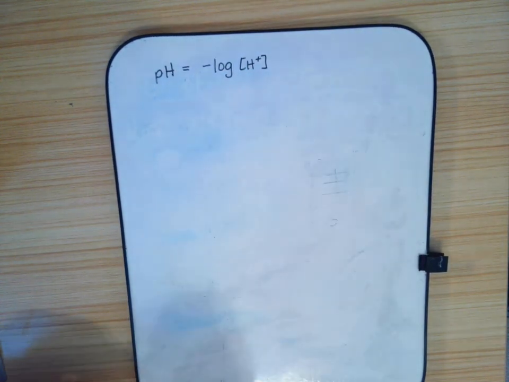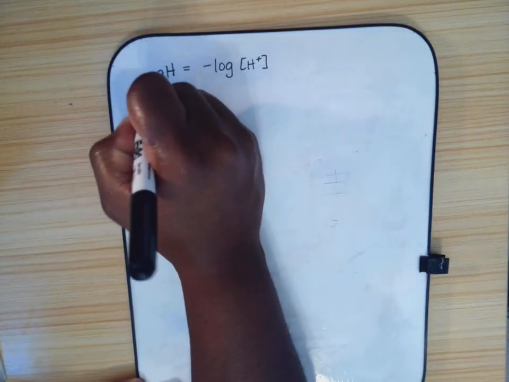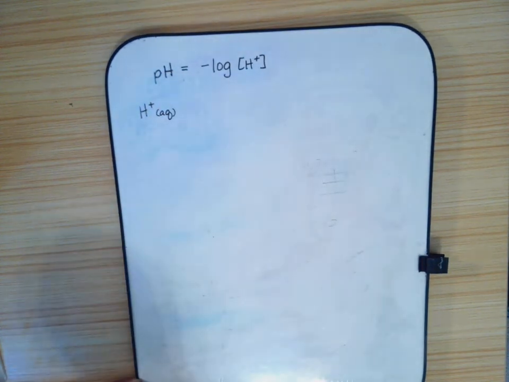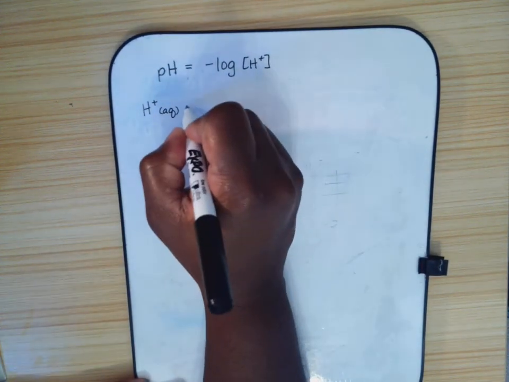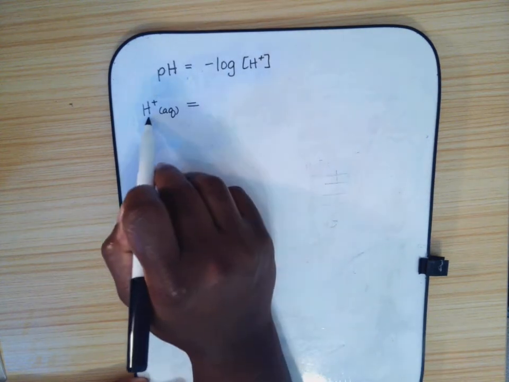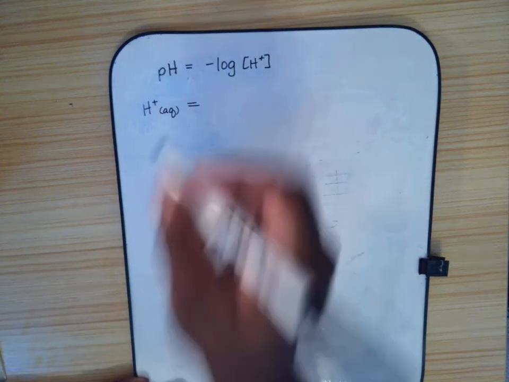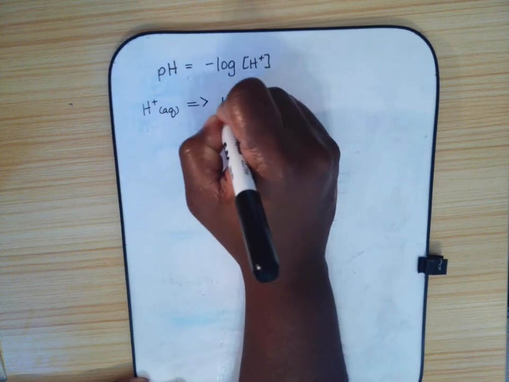Now, one thing to keep in mind, because we're talking about aqueous solutions, whenever you have aqueous protons, because of how strong of an attraction that can form between that positively charged ion and that highly polar water molecule, you'll often see the proton written as H3O+.